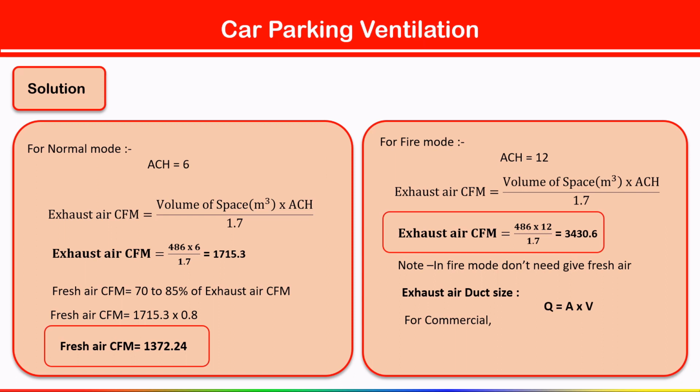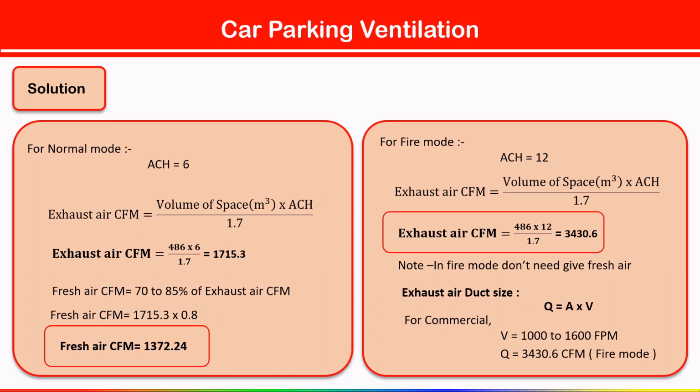Suppose I am assuming a basement of a commercial building. For a commercial building you have to take 1000 to 1600 fpm; between this range you have to take the velocity. The Q value we take is 3430.6 CFM, for fire mode only.